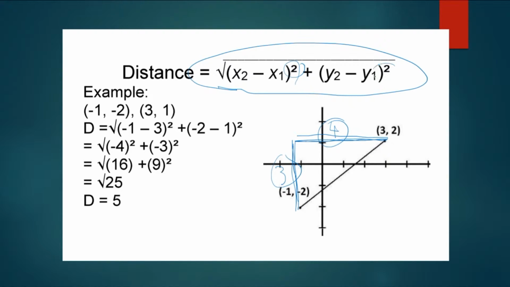That's what these squares mean. And then taking the square root of that. 4 squared is 16, 3 squared is 9, that would be 25. The square root of 25 is 5. The distance of that line is 5. All right, let's keep on moving.